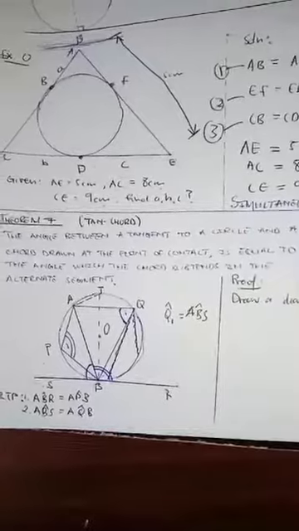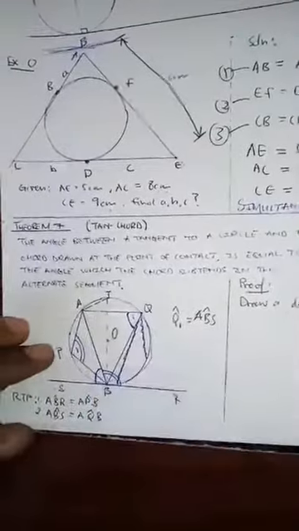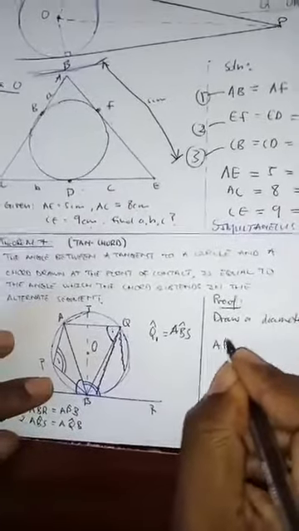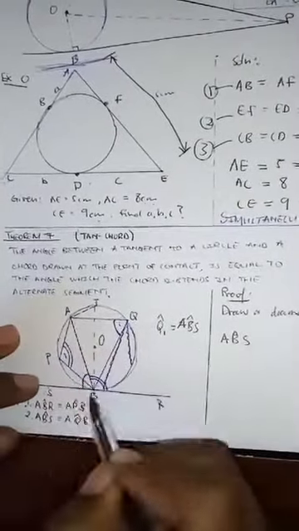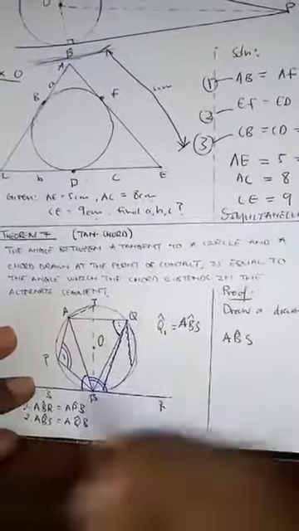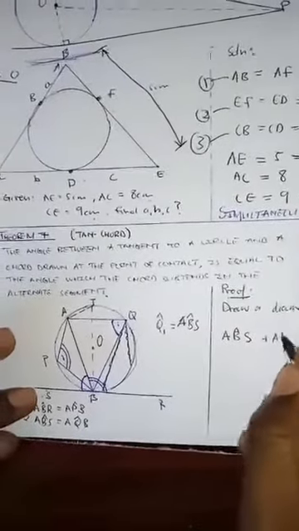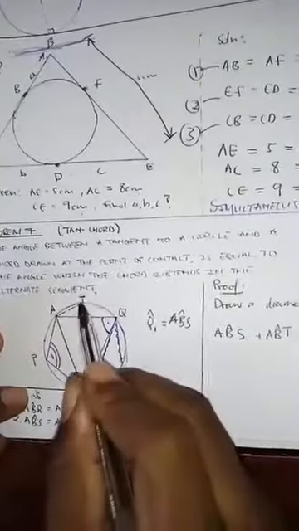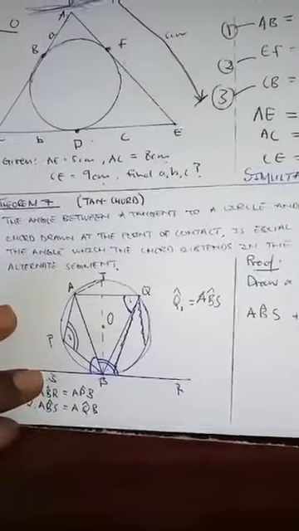Okay. So what we know from here is that angle ABS, which is the contiguous angle which we want to show is equal to the angle in the opposite segment subtended by the same chord, plus angle ABT, ABS and ABT, so ABT should be 90 degrees.